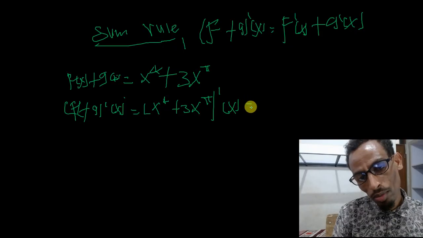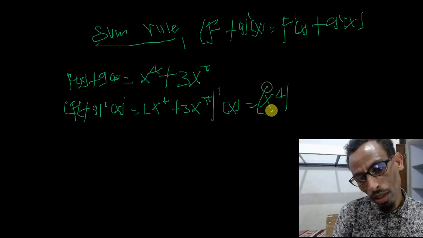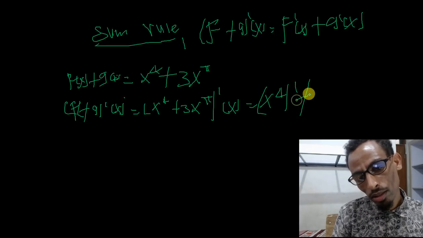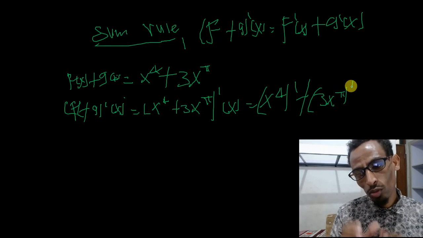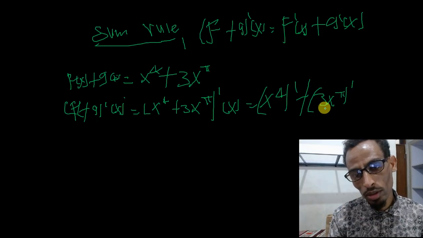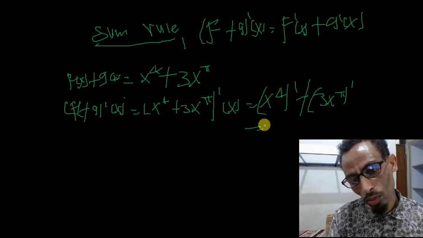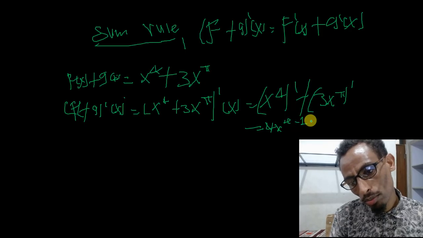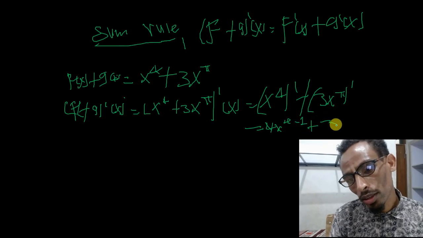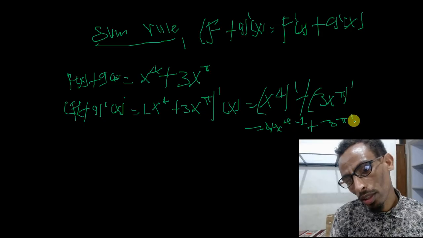This is expressed by the derivative of x to the power of 4 plus the derivative of 3 x to the power of pi. Our target is to apply the sum rule of derivatives. So now we get 4 times x to the power of 4 minus 1 plus 3 pi times x to the power of pi minus 1.